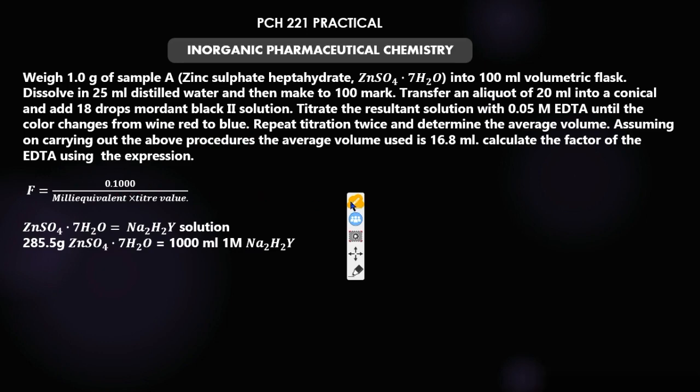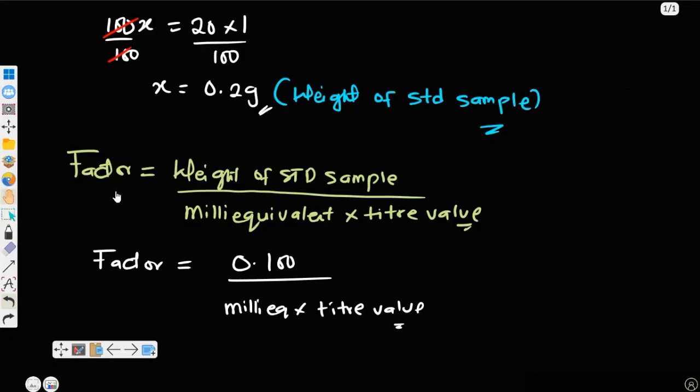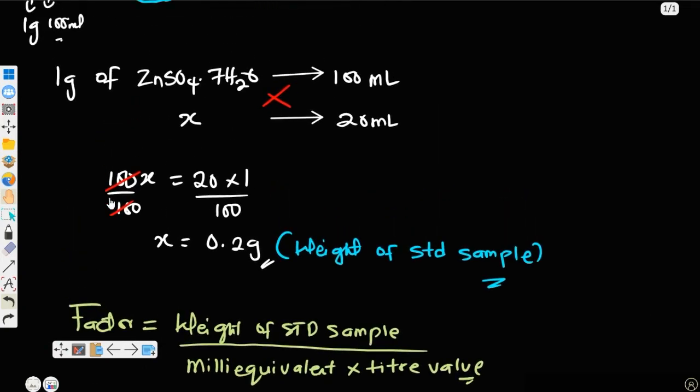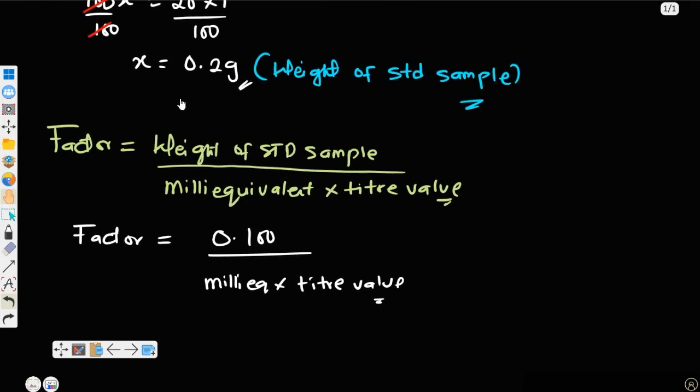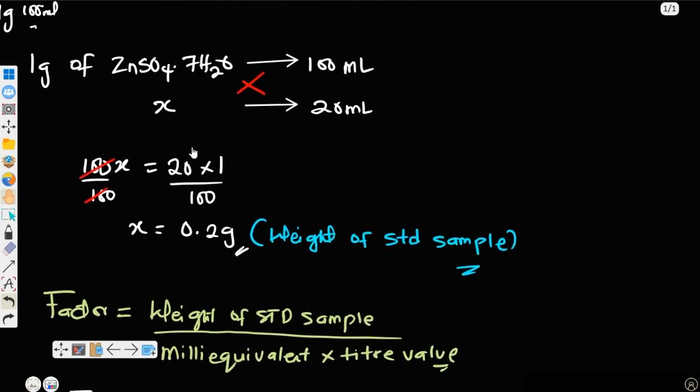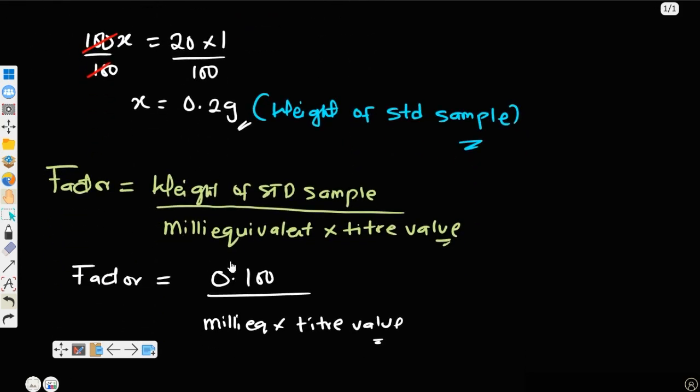Now, however, the weight of standard sample is 0.2 gram, because from the instruction they say take 20 ml, and 20 ml will contain 0.2 grams. So weight of standard sample is supposed to be 0.2 gram as opposed to 0.10. However, this was what we are given.